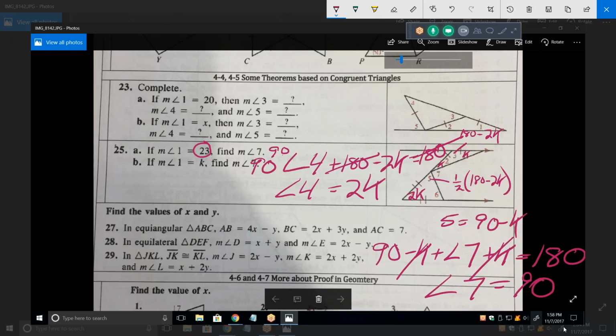It looks like 89? What if it was? It can't be. In other words, the algebra is irrefutable proof. The K's, notice, they disappeared. So I got angle 7 equal to 90 regardless of what K is. I could make K 15 degrees, I could make K 50 degrees. Angle 7 is still going to end up being 90.